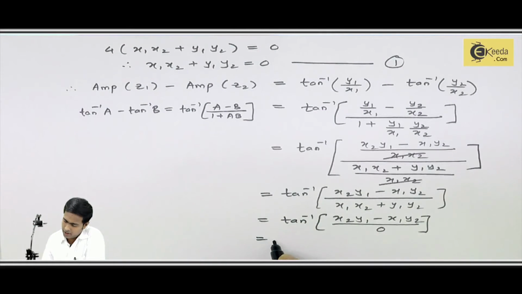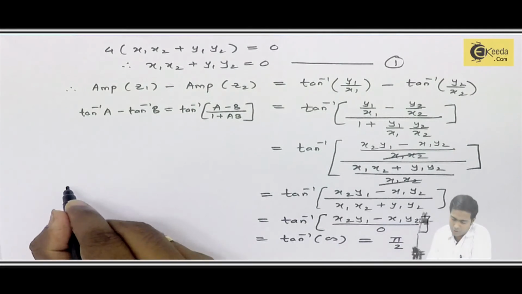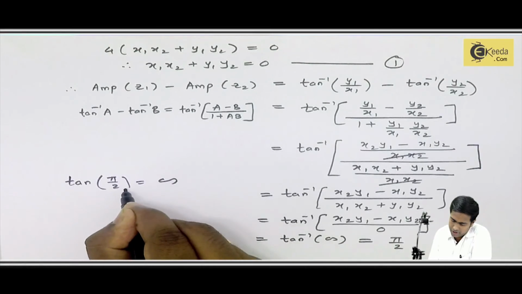So we get tan inverse of infinity and you all know that tan inverse of infinity is pi by 2 because tan of pi by 2 is infinity.